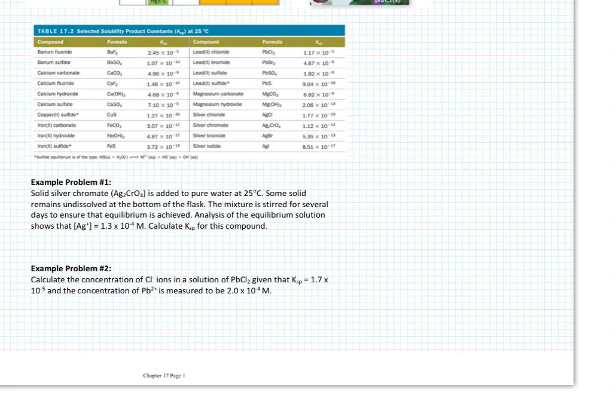All right, so this problem, we have a little more information than we had on the last problem. We're going to start, as we pretty much always should, with a balanced equation, PbCl2 solid in equilibrium with Pb2 plus aqueous plus 2Cl minus aqueous. And we're going to write the KSP expression for this. KSP is going to equal Pb2 plus concentration times Cl minus squared.